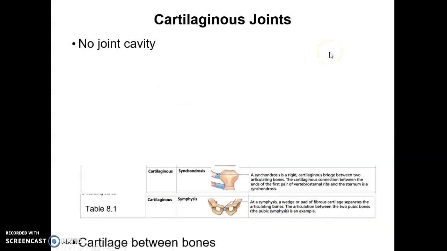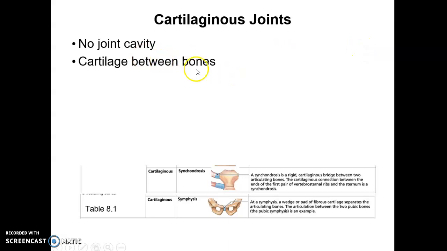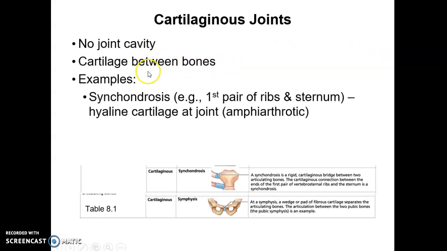Cartilaginous joints, again, no joint cavity, cartilage between the articulating bones. Examples: the synchondrosis between the first pair of ribs and the sternum, the manubrium of the sternum. There's hyaline cartilage at the joint, a little bit of movement.